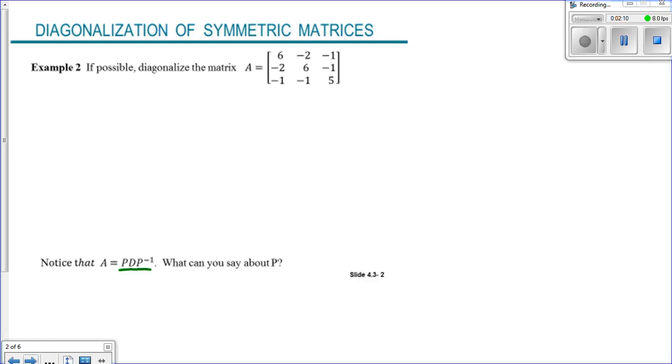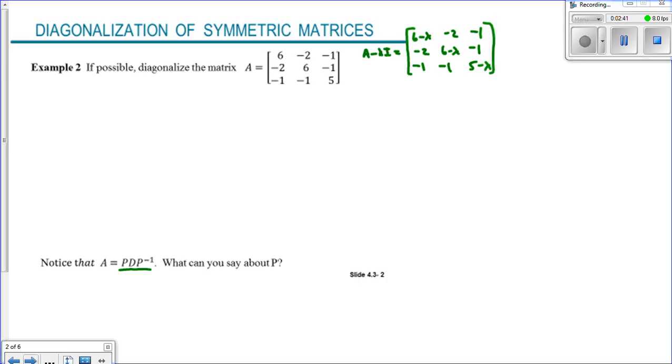Now let's look at the diagonalization of A. The first step is to find the characteristic equation so that we can get the eigenvalues. We look at A minus lambda I, which is 6 minus lambda, -2, -1, -2, 6 minus lambda, -1, -1, -1, 5 minus lambda.